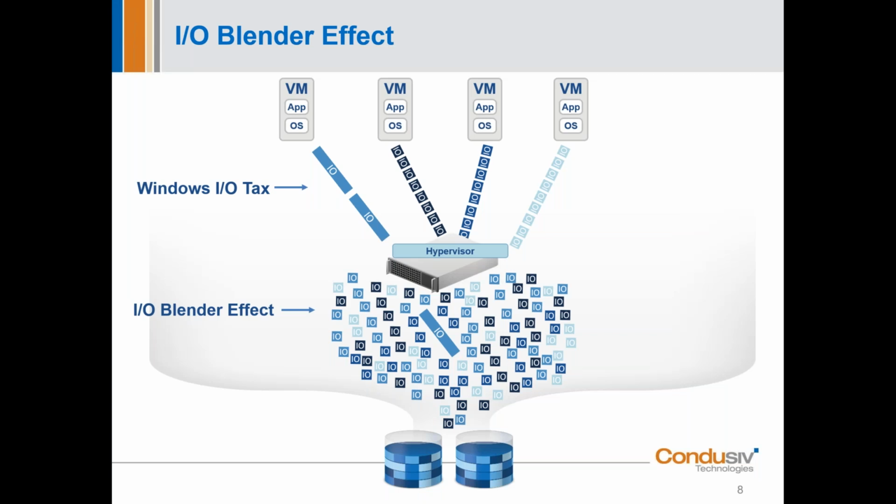But if you don't optimize all of them, then while you've optimized 1, 2, or some number, the other VMs are still generating all that small, tiny random IO that again gets further randomized after the hypervisor and really takes away from the optimization you provided on that particular VM or set of VMs.